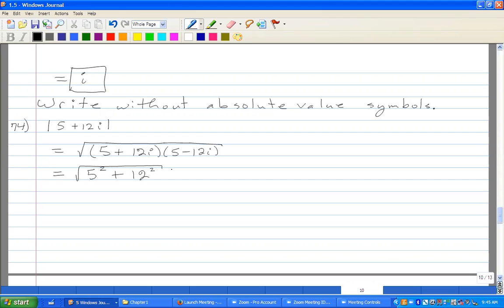Or you can think of it as the product of the sum and difference of two terms. So it's the difference of their squares. But I squared is -1.